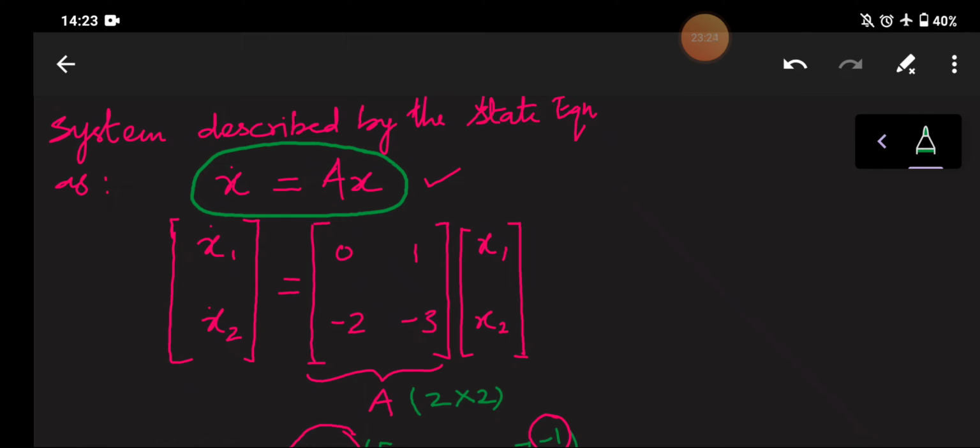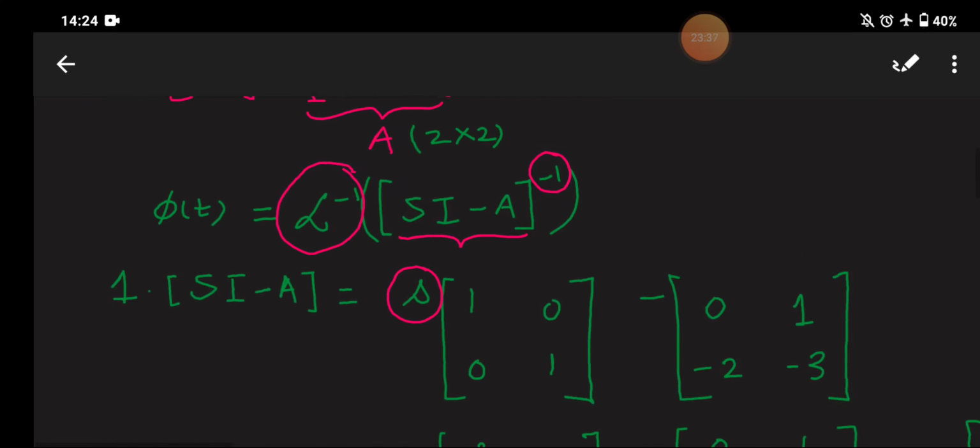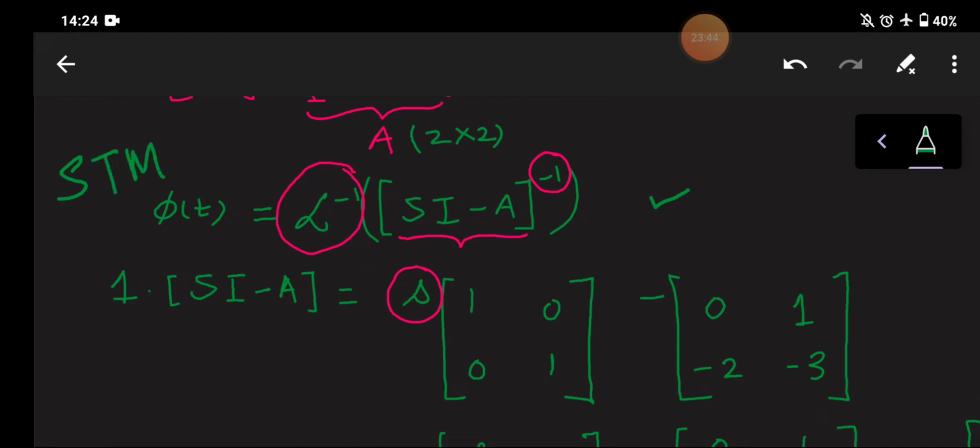This is a homogeneous type of equation with input equal to 0, and we wanted to calculate the state transition matrix where A is given by 0, 1, minus 2, minus 3. Now by using the formula given here, we wanted to calculate the STM. This is the formula for the state transition matrix.